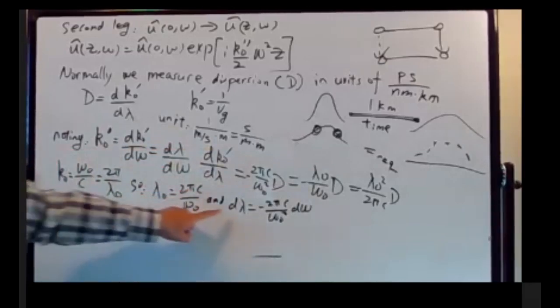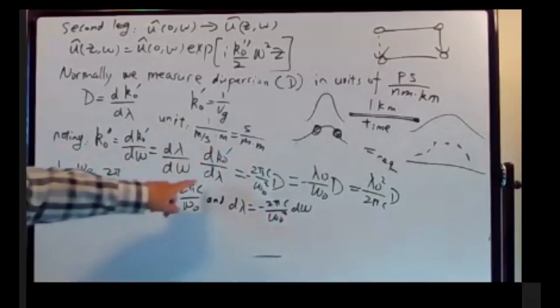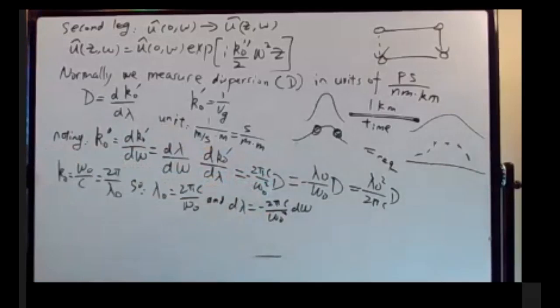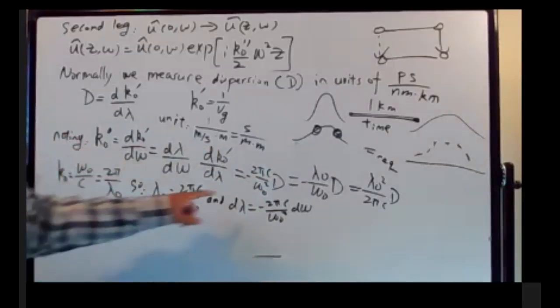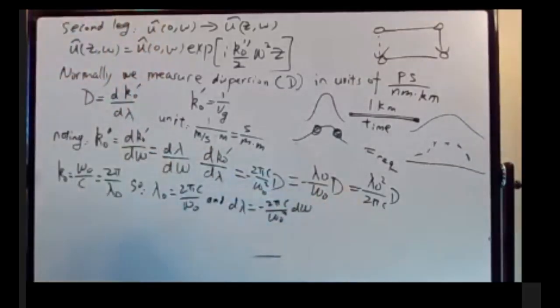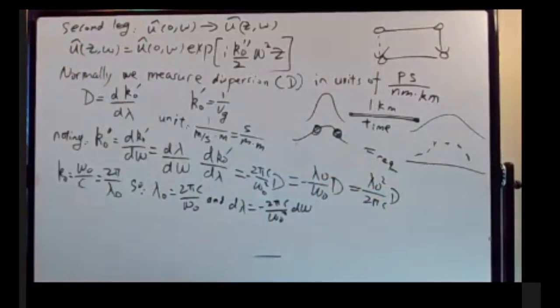Lambda is this piece, d lambda is 2 pi c over lambda square. And now we can change it to 2 pi c over omega naught square. And since omega naught and lambda naught have this relationship, we can write this form, that form, or totally lambda naught square, right? This is just a preferred way of writing, okay?